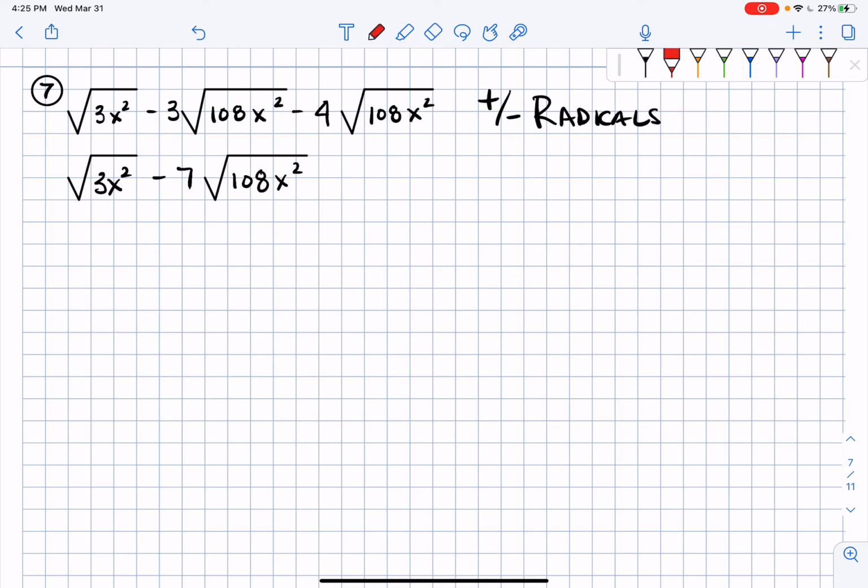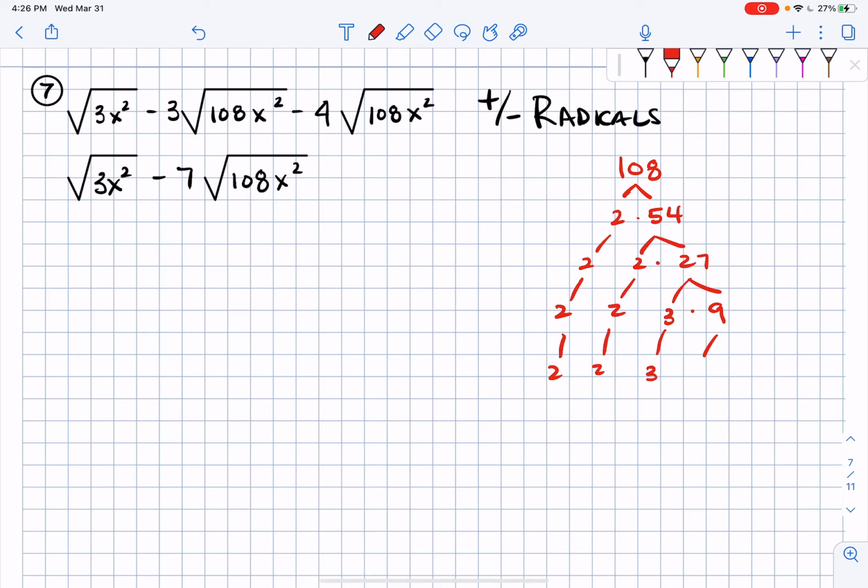So 108 breaks down to 2 times, what is this, 54? 2 times 27. So 2, 2, 3 times 9. So 2, 2, 3, and 3, and 3.